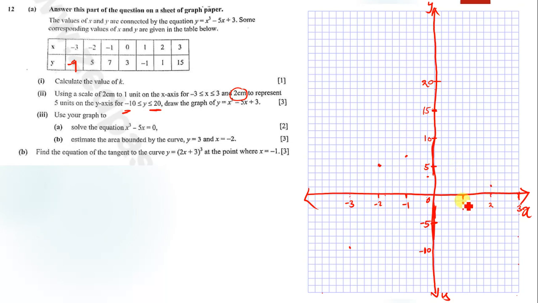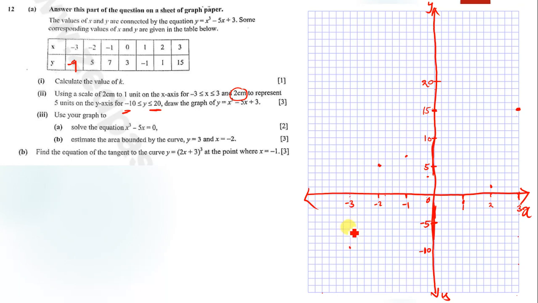Oh, sorry. 1 should be before that, somewhere there. And then 3 comma 15. 3 comma 15 is somewhere there. Oh, 15 is there. So we can now just connect the points.